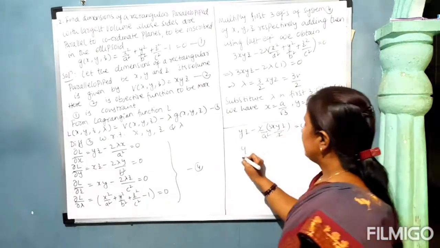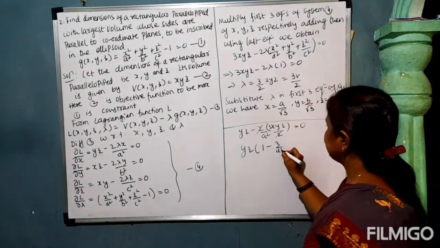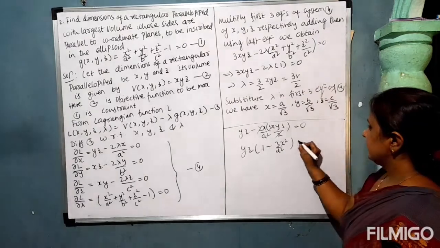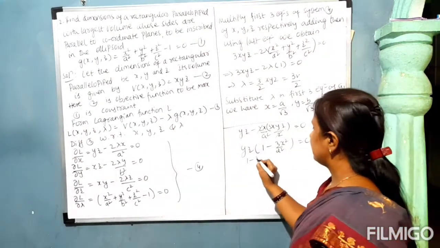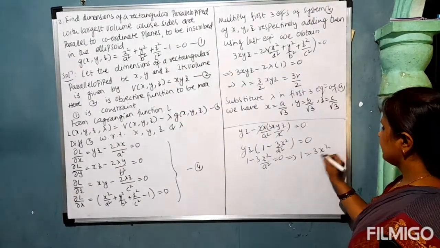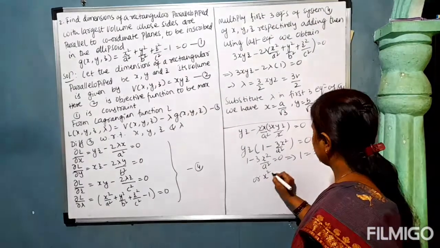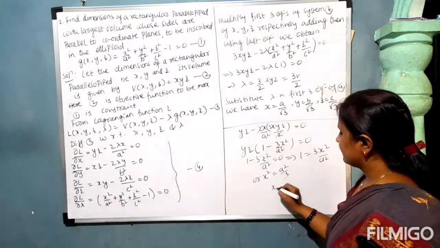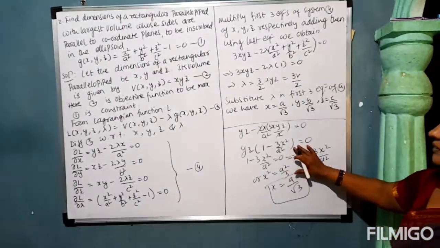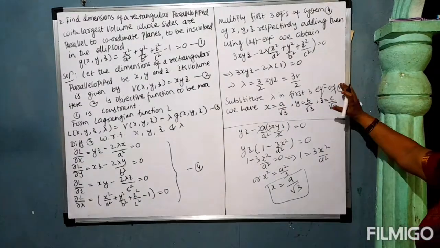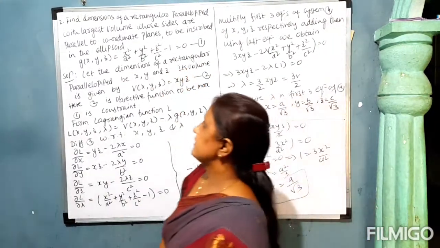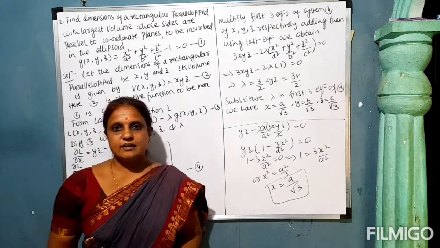The 2 cancels. yz common, 1 minus 3 by a square into x square, since x is also there. yz is not 0, so 1 minus 3x square by a square equal to 0 implies 1 equal to 3x square by a square, or x square equal to a square by 3, or x equal to a by root 3. So this is the value of x. Similarly we get the value of y and the value of z, by which the given objective function, the volume, will be maximized. This completes the non-linear programming problem.